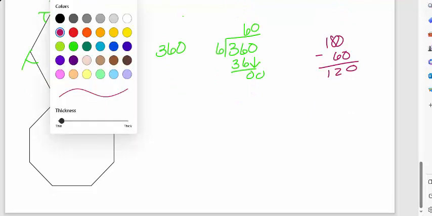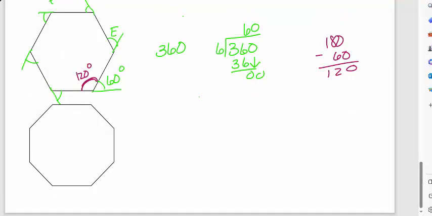And last one, the octagon. Extend all the sides. Looks kind of cool, I think. 1, 2, 3, 4, 5, 6, 7, 8. So there's 360 degrees if we add up all 8 of those angles.